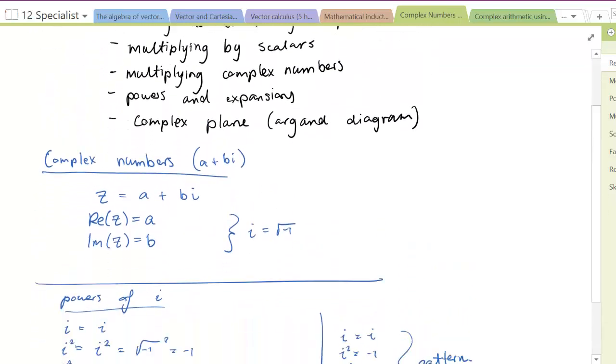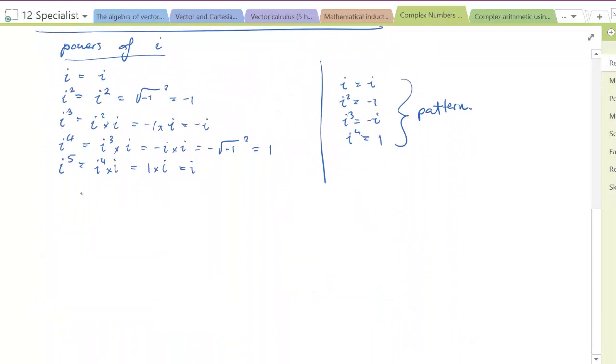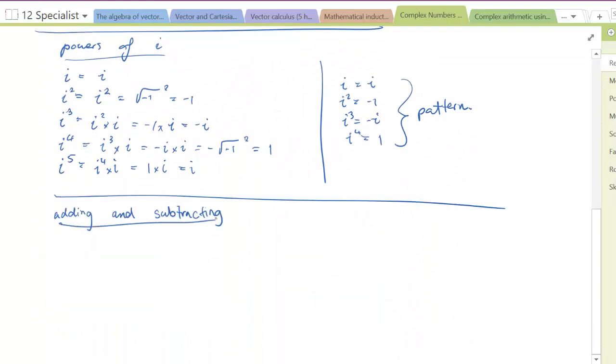We're now going to look at adding and subtracting. The most important thing to remember with adding and subtracting is that we keep the real and imaginary components separate. So looking at addition, if we have a plus bi, and we're adding it to a second complex number, which is c plus di, then we'll end up with, in the real, a plus c.